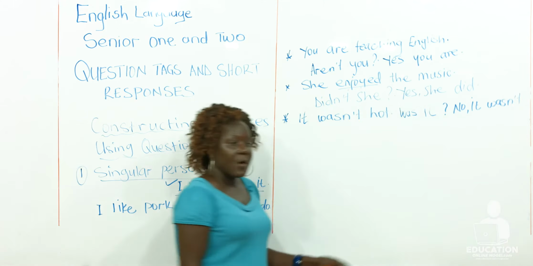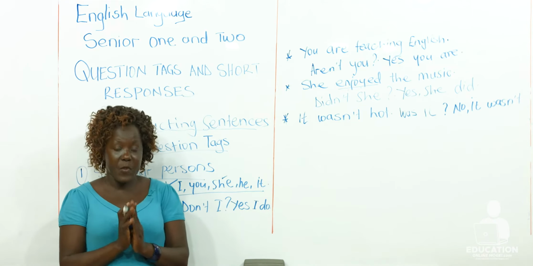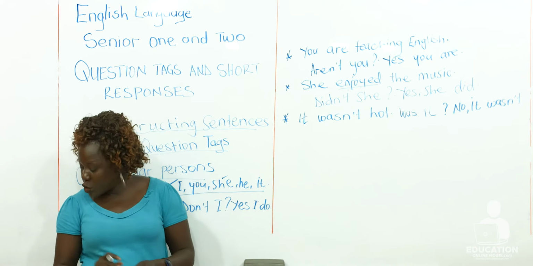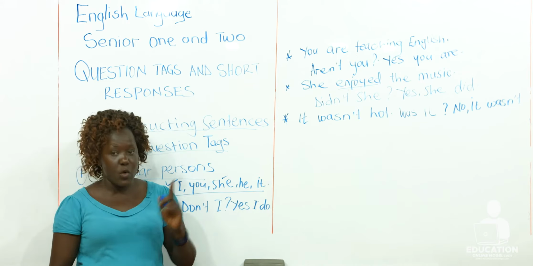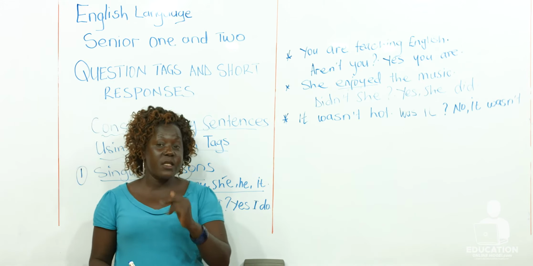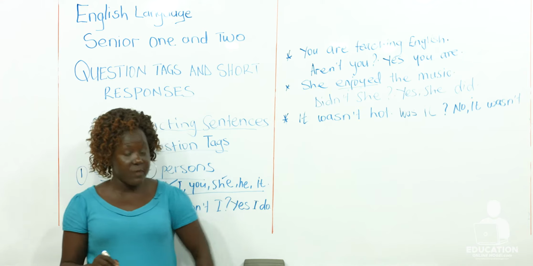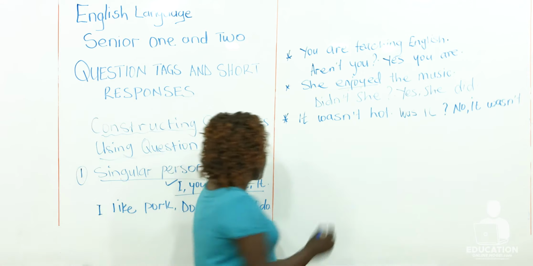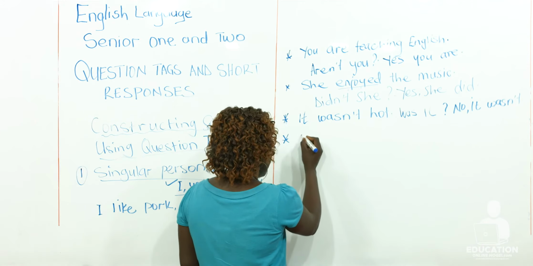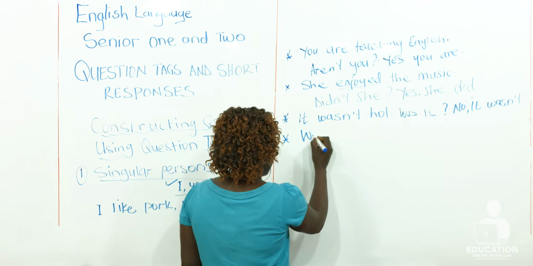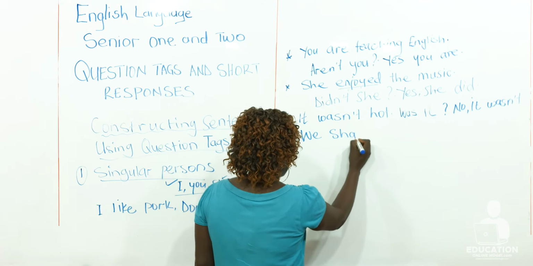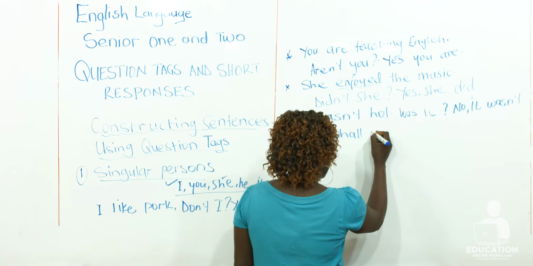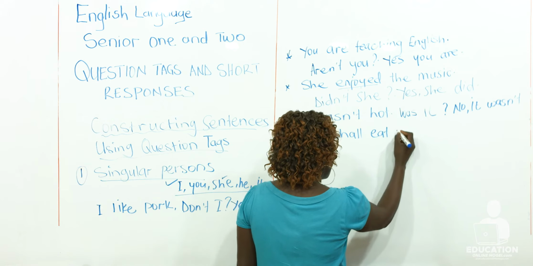So you see, when you know the rule, you will not suffer in creating any sentence in the question tag. So you should be very careful and follow the rule. Let us create a sentence in the future form, by saying, "We shall eat pork."